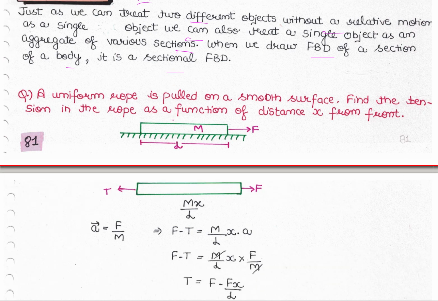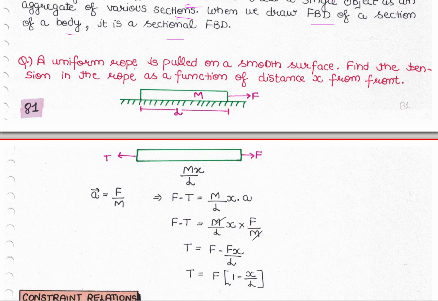Okay, so the question is, a uniform rope is pulled on a smooth surface. Find the tension in the rope as a function of distance x from the front. So this is the problem. This is the rope pulled with force F, its mass is m, and this is the length L. Its force is along this direction, its tension along this direction.